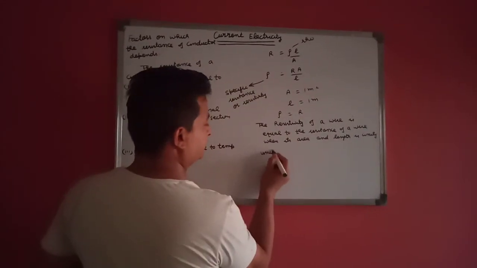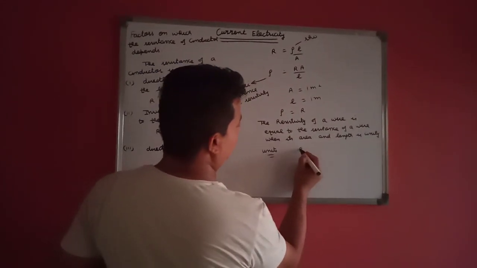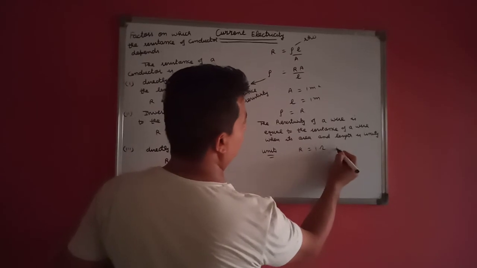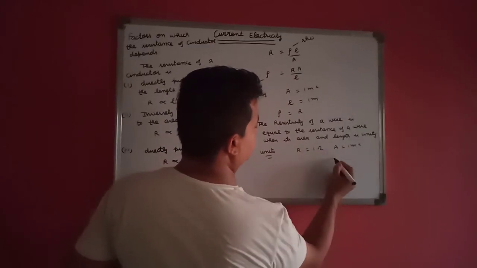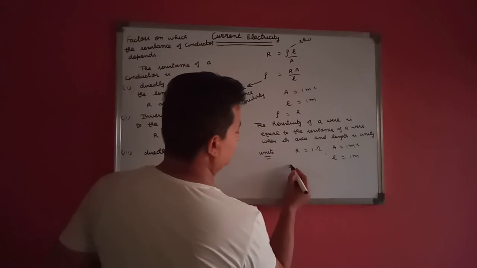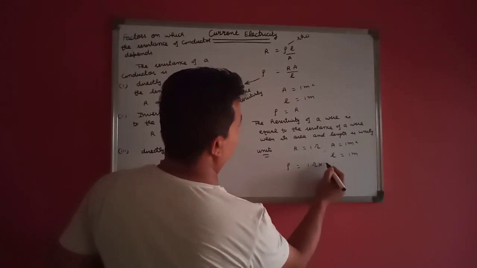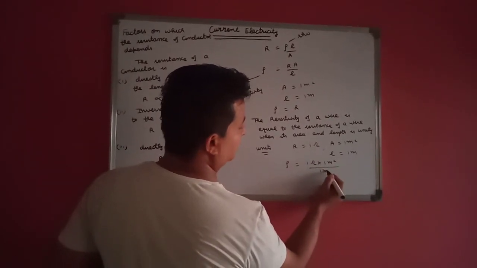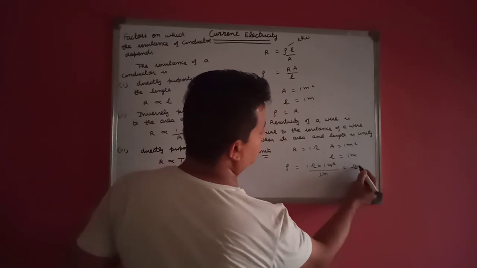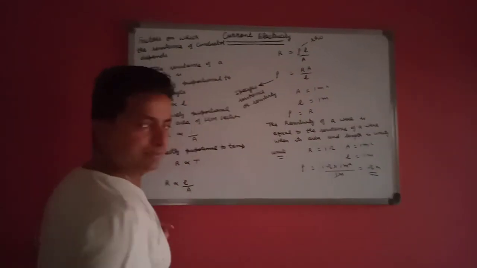Units of resistivity: we take resistance as 1 ohm, area as 1 meter square, length as 1 meter, then rho is equal to 1 ohm times 1 meter square upon 1 meter. This cancels out, so the unit is ohm meter.